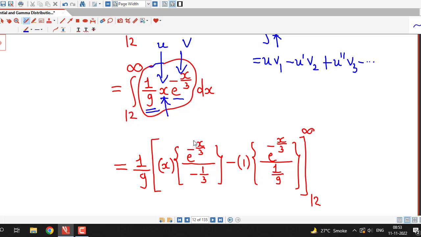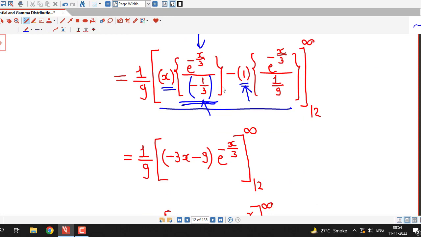Then x as it is, times the integral of e raised to minus x by 3, which is e raised to minus x by 3 divided by the coefficient of x, which is minus 1 by 3, minus the derivative of x, which is 1, times the integral of this bracket. So minus 1 by 3, the integral of e raised to minus x by 3 is again e raised to minus x by 3 divided by minus 1 by 3, and there is already a minus 1 by 3 in the product, so we will obtain 1 by 9. In the next step, the derivative of 1 will be 0, so we have only two terms.